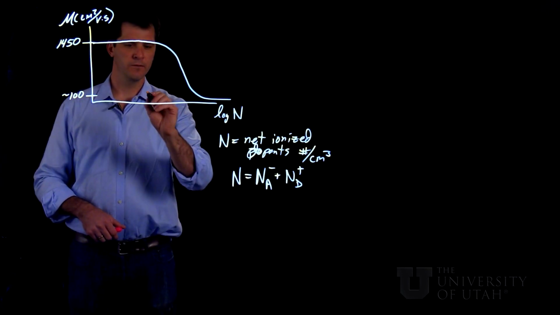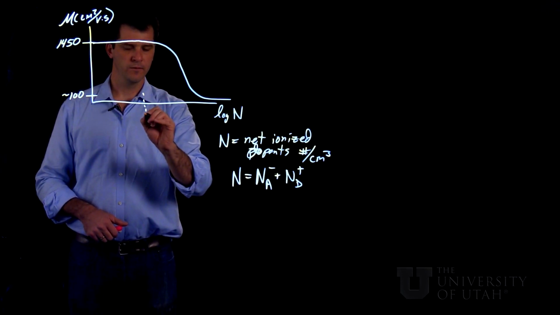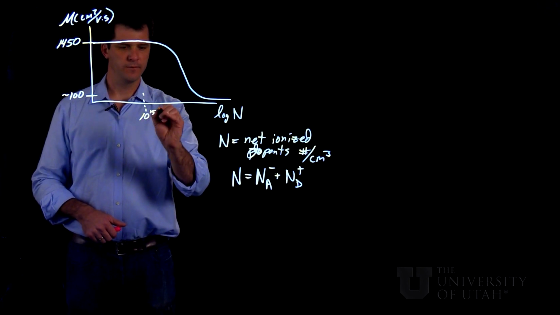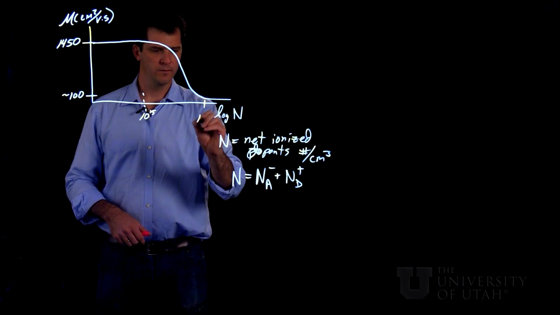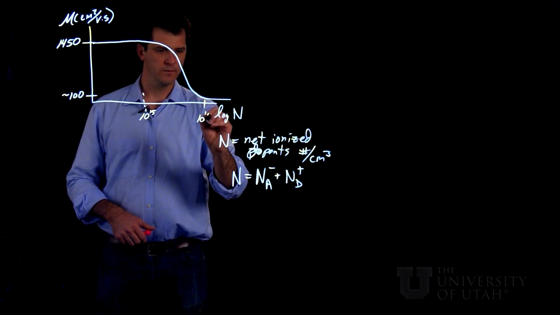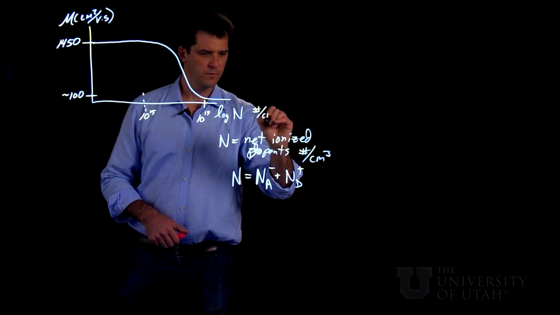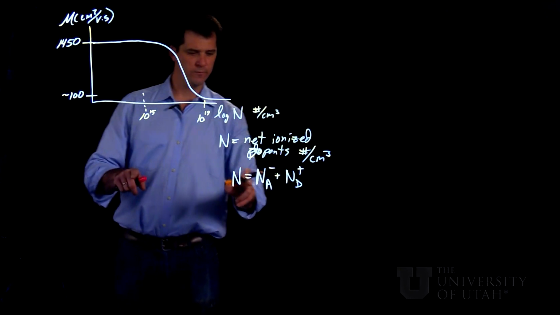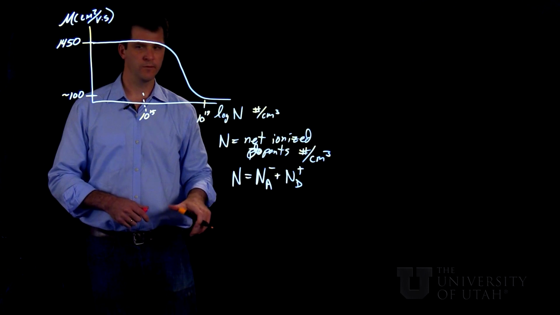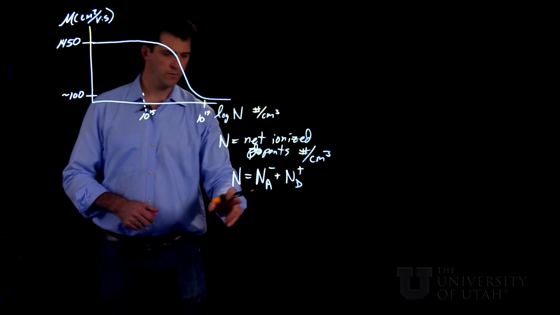And this transition region occurs somewhere between 10 to the 15 and 10 to the 19 per centimeter cubed for this total ionized dopant concentration N.